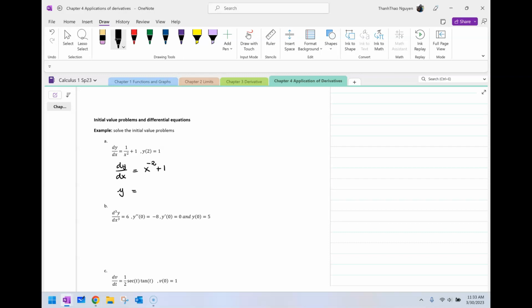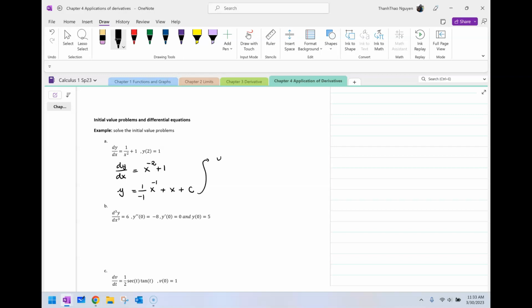So y equals, again, add 1 to the exponent, divide by n plus 1, plus x plus c, whatever the c is.